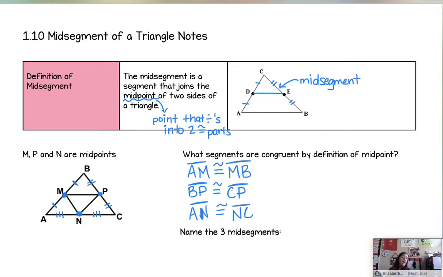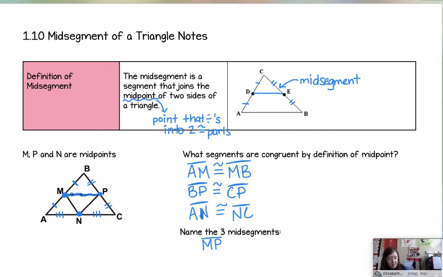So now we want to name the three mid-segments. The mid-segments are the spots that connect my midpoints. So MP is one mid-segment. In the chat, send me another mid-segment. Yeah, beautiful.